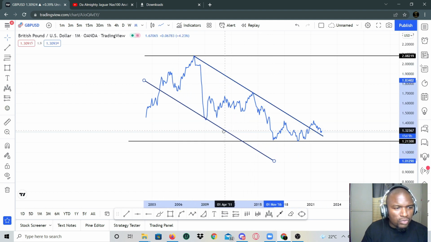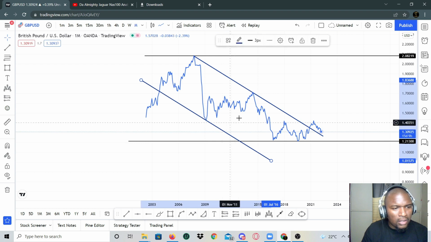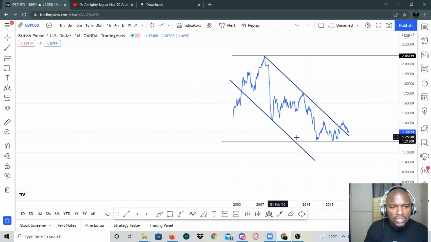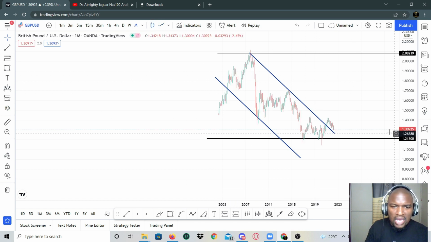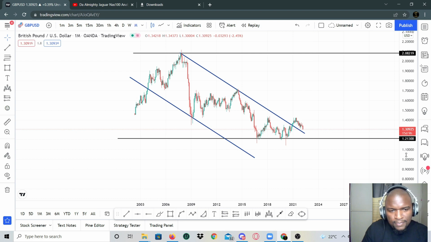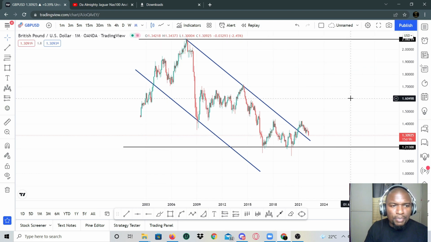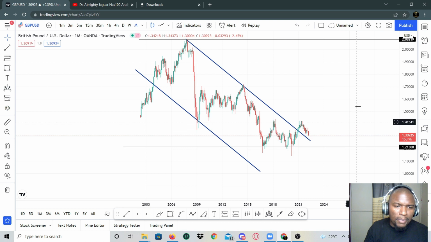Now I'm coming to mark my lower lows. From these levels, you can see that GU on the monthly time frame has a bearish movement. I can go to my candlesticks. GU has a bearish movement from a bigger time frame, which is the monthly time frame.